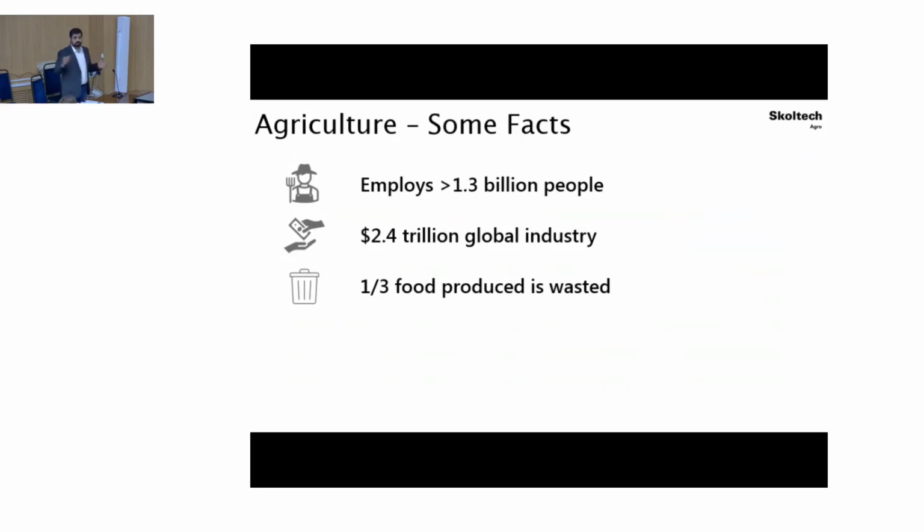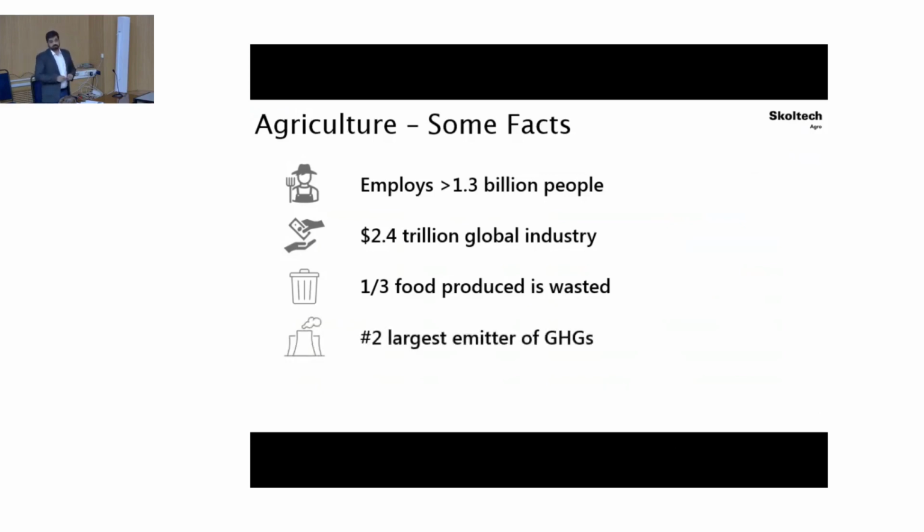Between the farm and the seller, between the seller and the user, after the user buys it, just think how much food do we waste every day, right? It sits in the fridge for 2 weeks and then we throw it out. You go to a restaurant, they prepare more food. So about 1/3 of the food is wasted.